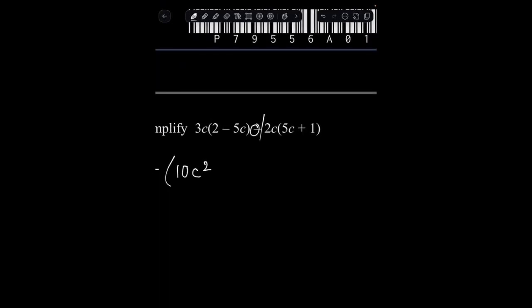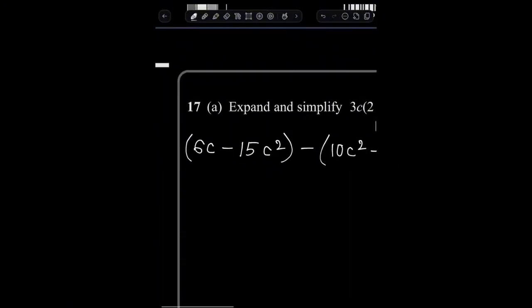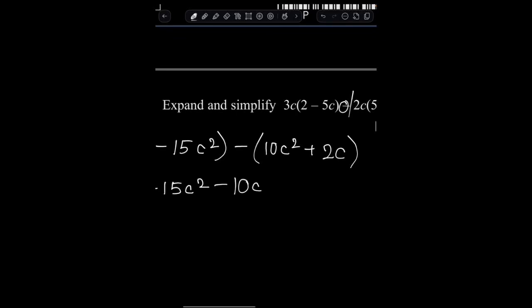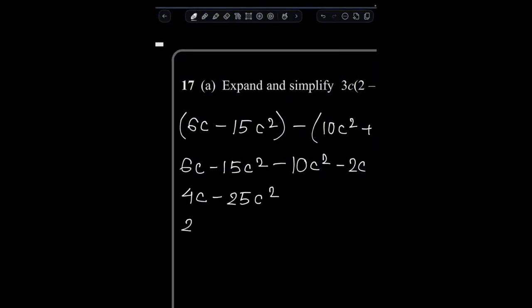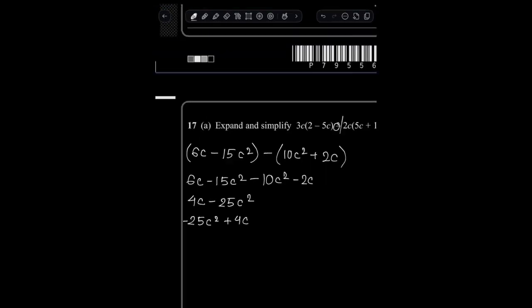So 2c times 1 gives us 2c. Now let's solve it. Let's remove the bracket. Minus 10c squared minus 2c. 4c minus 25c squared. But let's just write minus 25c squared plus 4c, because square comes before.